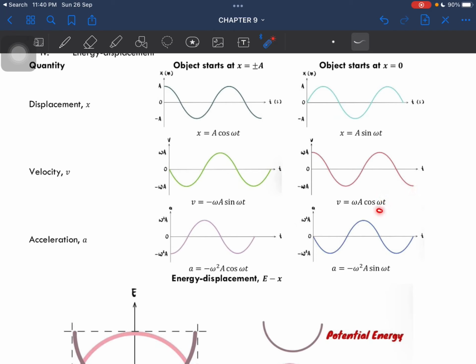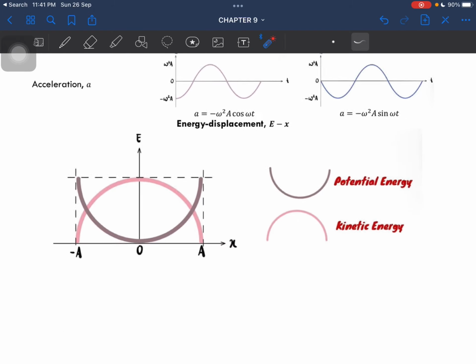Okay, so cos 0 is equal to 1, if I'm not mistaken. Yes, cos 0 is equal to 1. So it's going to be equal to just the omega amplitude. So that's why we put omega A here. Okay, and then same goes to this acceleration equation.